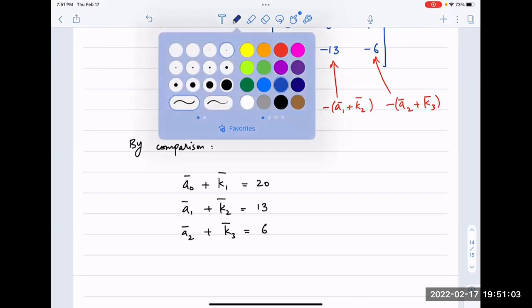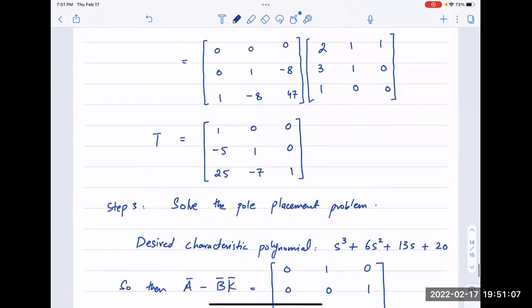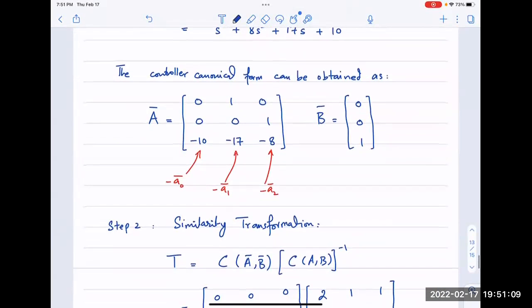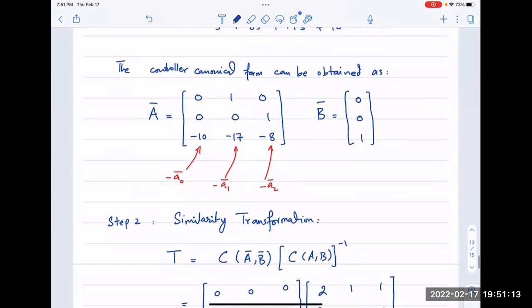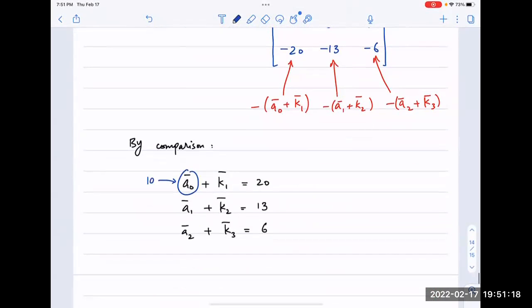So, I mean, the values here, let's go back and see, the bar values are actually 10, 17, and 8. So this is 10, this is 17, this is 8.